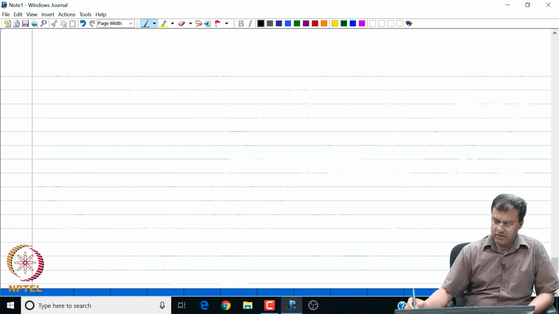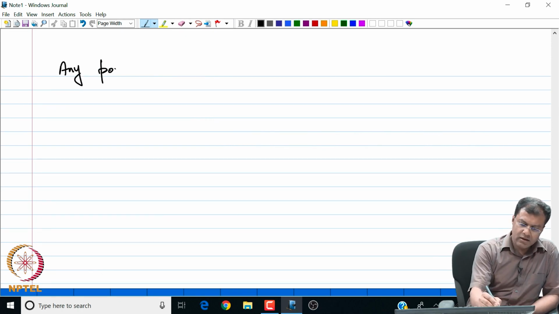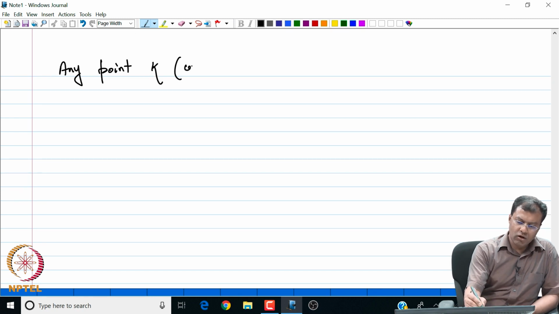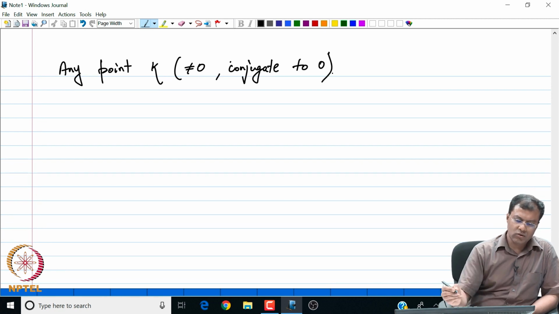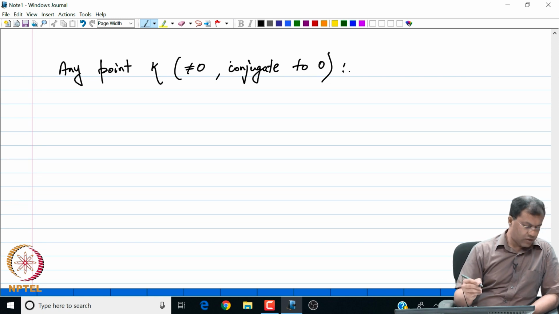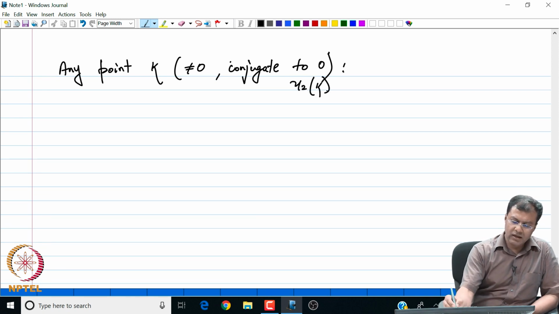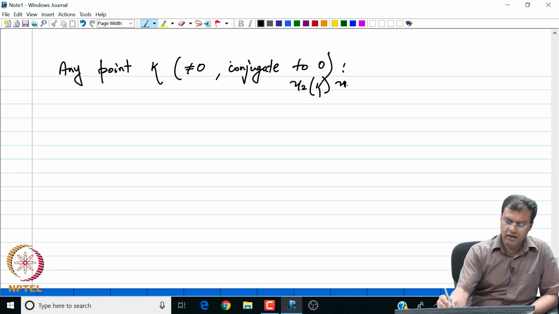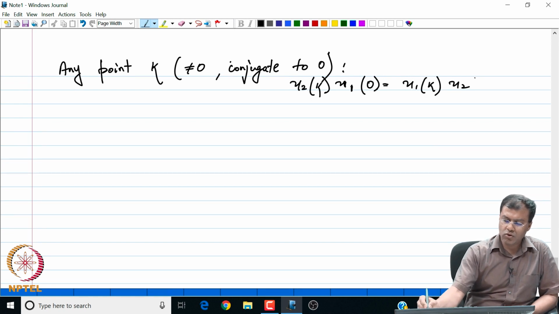So, any point kappa, with kappa not equal to 0 but conjugate to 0, will satisfy my starred conjugacy condition: u2 at kappa times u1 at 0 is u1 at kappa times u2 at 0.